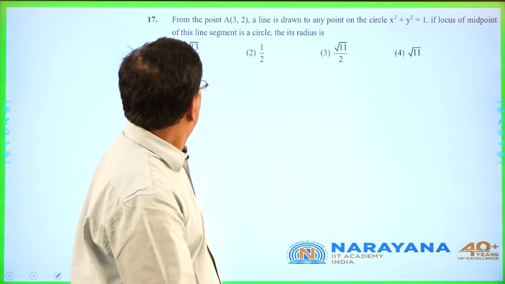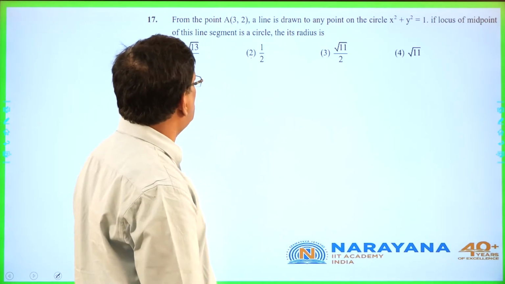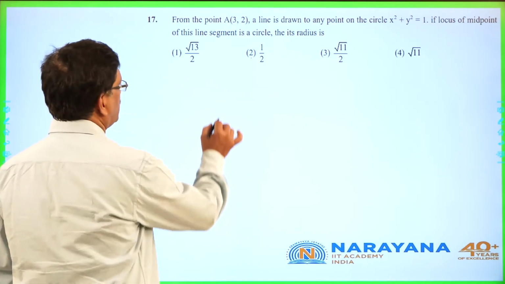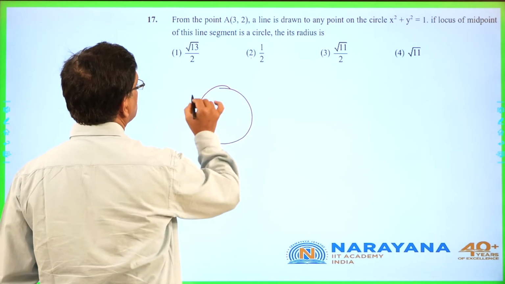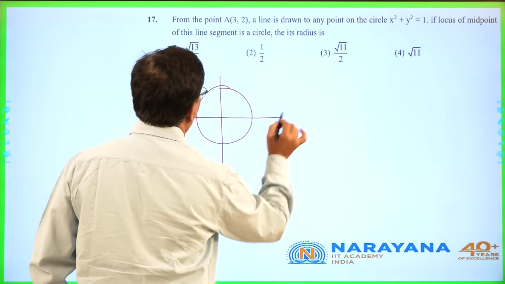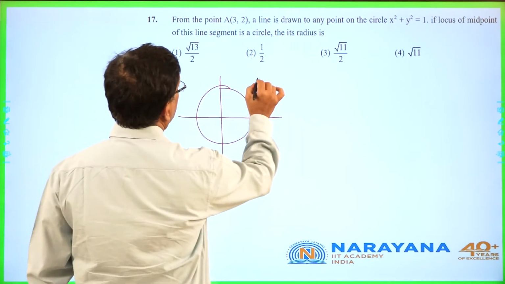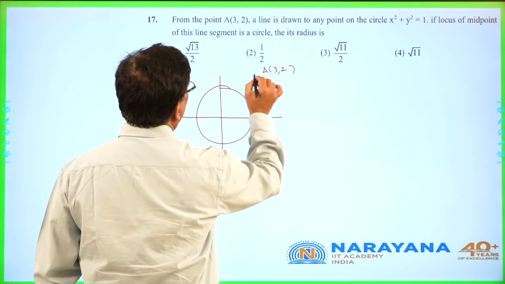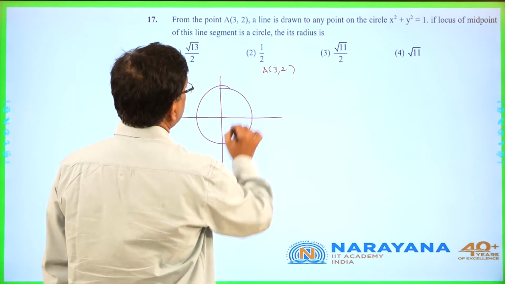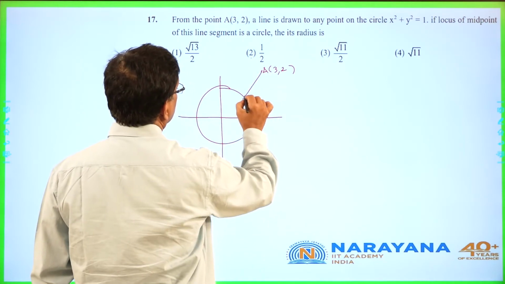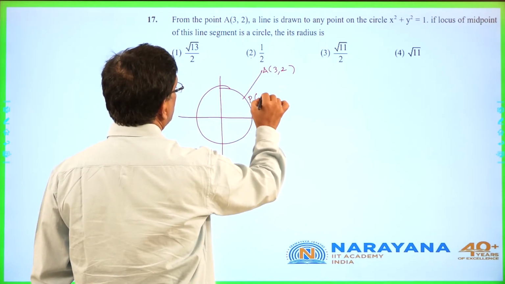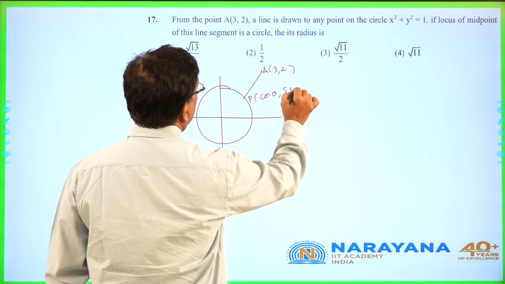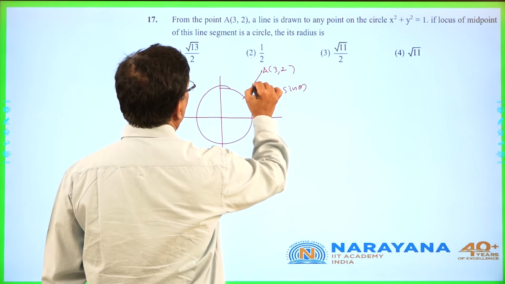That is the reason. From a point A (3, 2), a line is drawn to any point on the circle. It is a circle. Point A (3, 2). Any point is cos theta, sin theta.